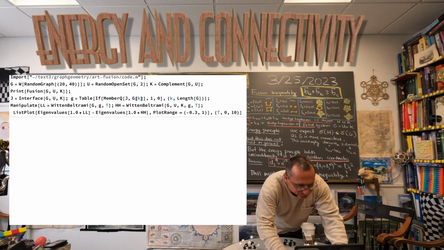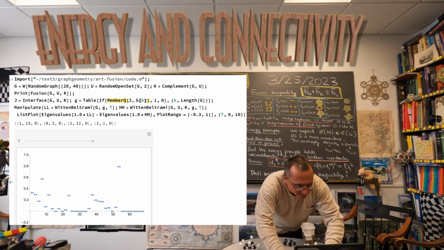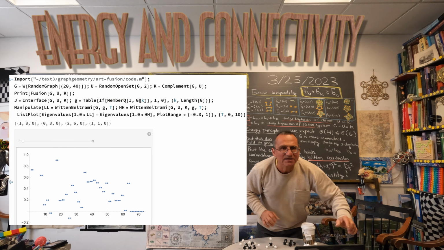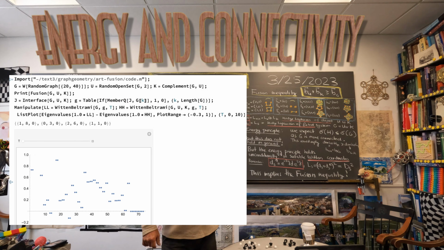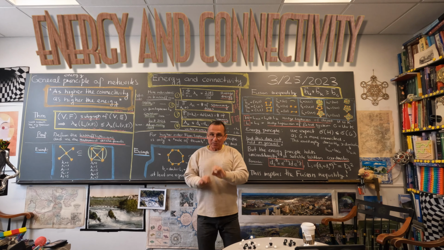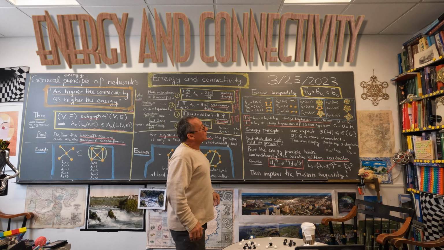So let's just see. Run it again. In this case, we were lucky. The energy principle was actually true. Here it's false, so we have already an example. You have sometimes to try a little bit. So in this case, some of the eigenvalues have actually become smaller when you join it.